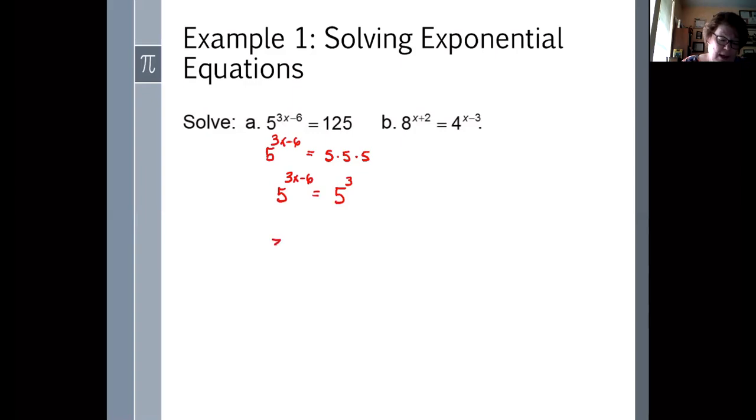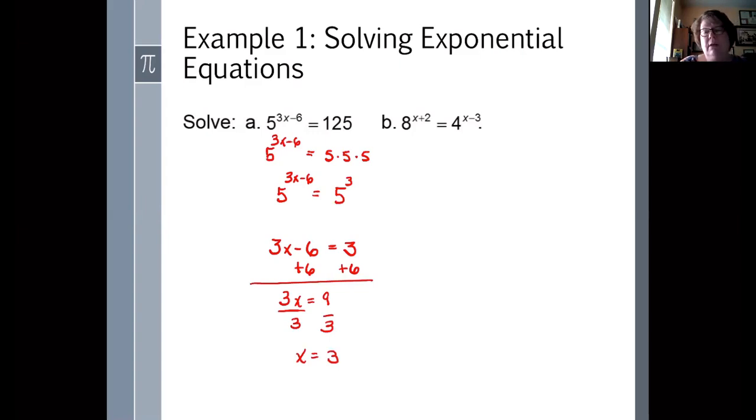So I have 3x minus 6 is equal to 3. And I solve this equation using the techniques that I have learned this semester. So I'm going to add 6 to both sides. Divide both sides by 3. And I get x is equal to 3.